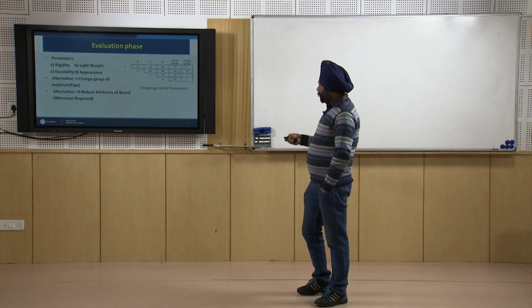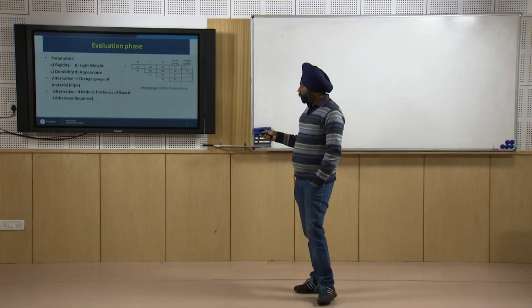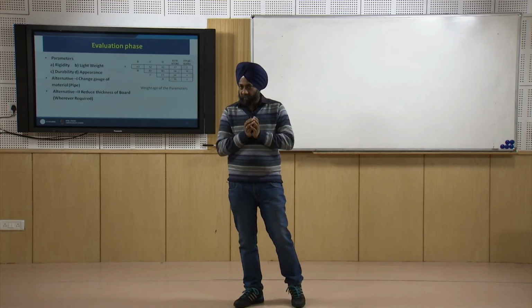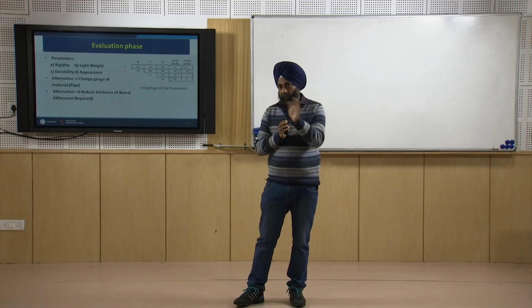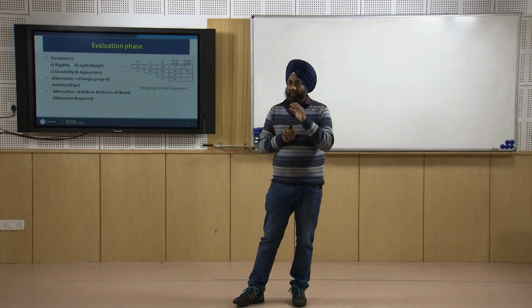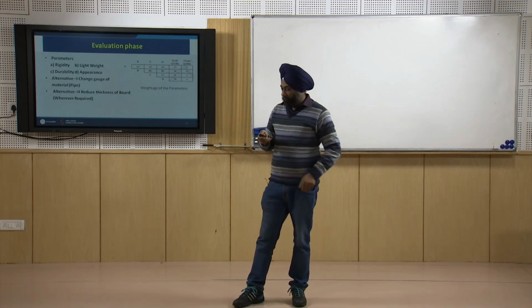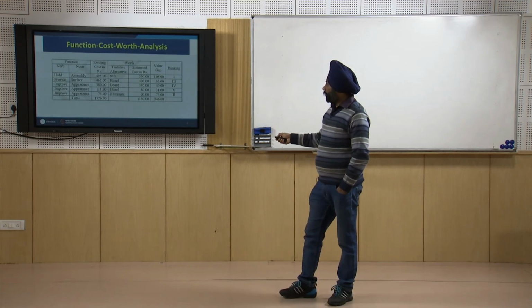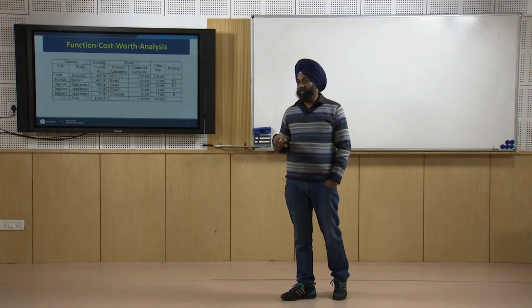So this is again the evaluation phase. Now again we have the existing design of the product, and we have modified the design. Now we have to compare the two designs together, and as I have told you, we are saving money, around 380 rupees. 346 rupees is being saved by the change in the design.